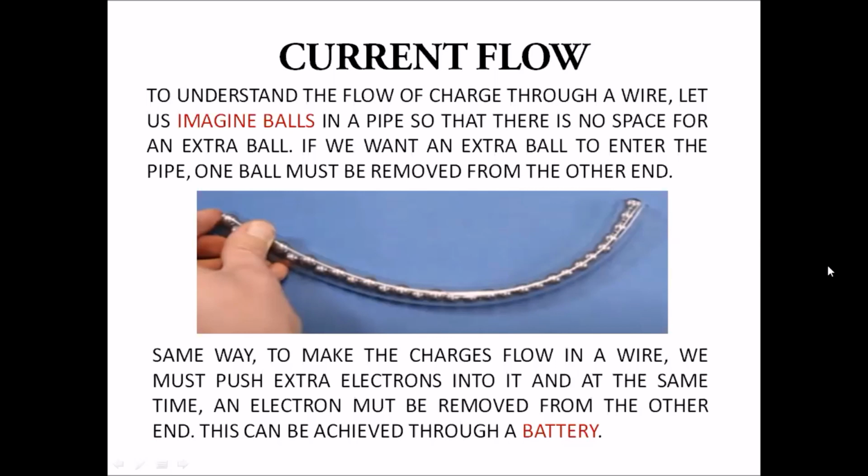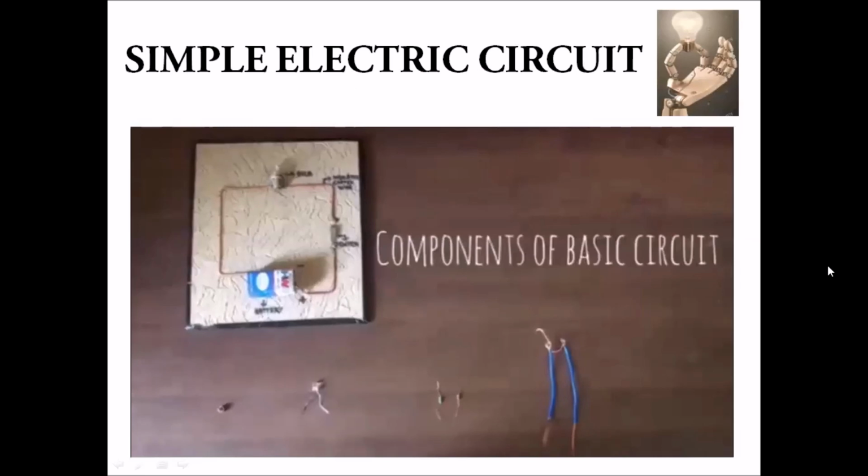And if we want to make an electron enter the wire, then another electron must be removed from the other end, and the device that can do so, that is called a battery. So, battery is a device that can push an extra charge inside a wire and also remove the charge to maintain current flow.